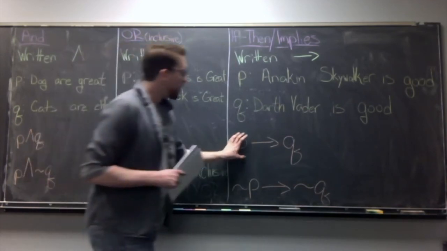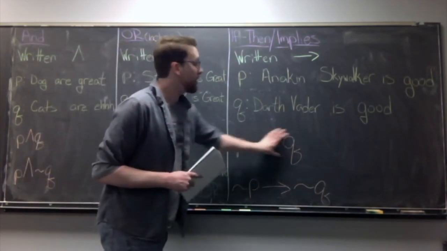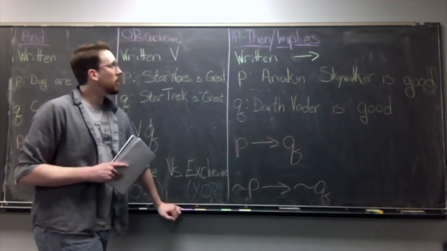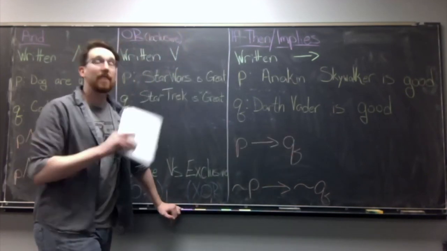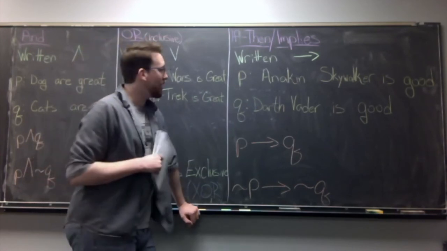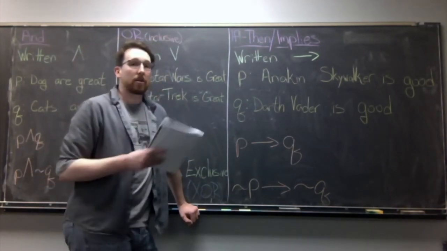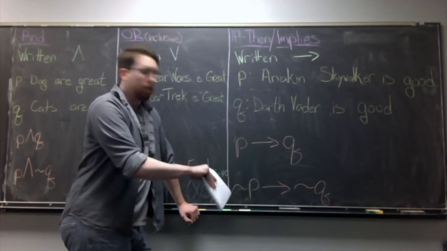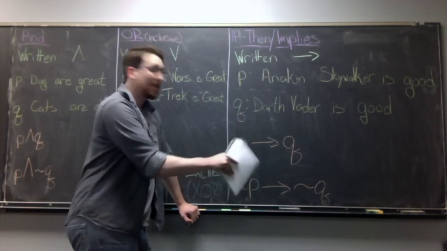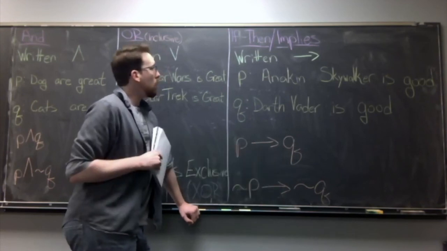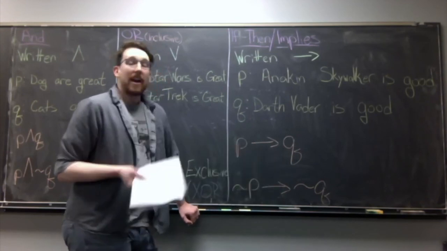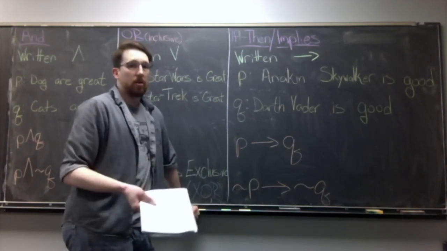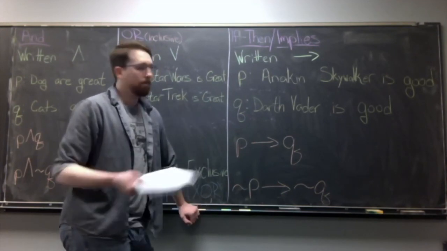And this statement, P implies Q, would represent the statement "if Anakin Skywalker is good, then Darth Vader is good." And down here at the bottom, not P implies not Q represents the statement "if Anakin Skywalker is not good, then Darth Vader is not good."